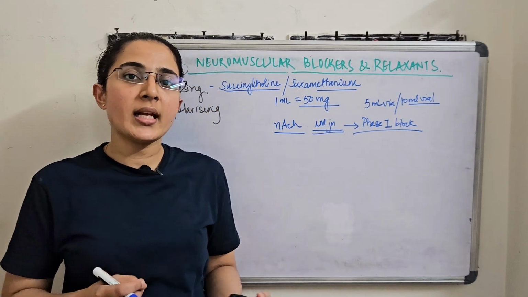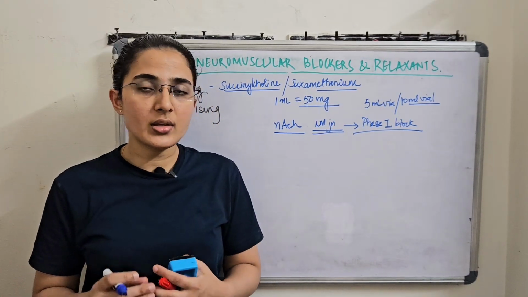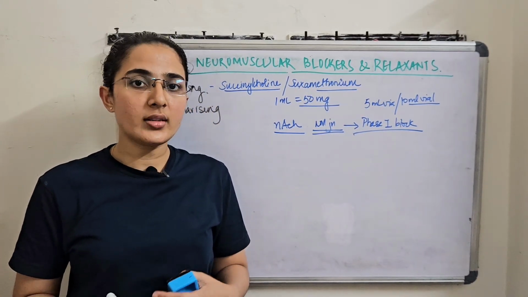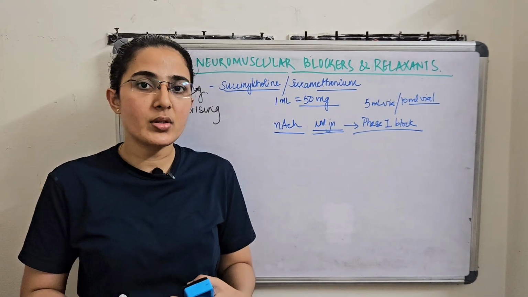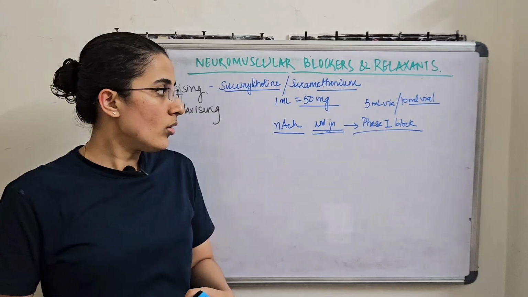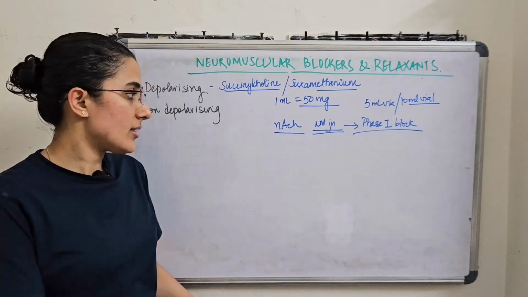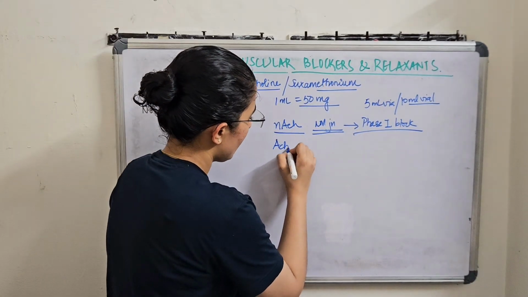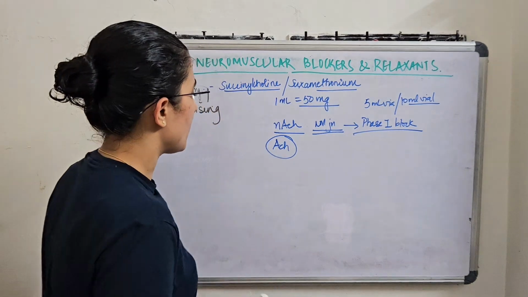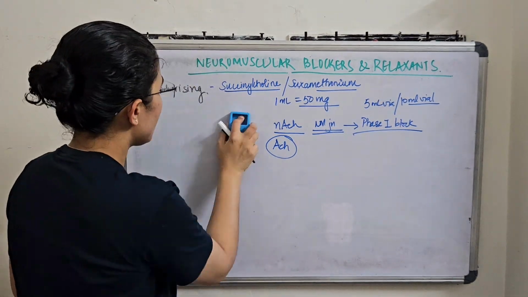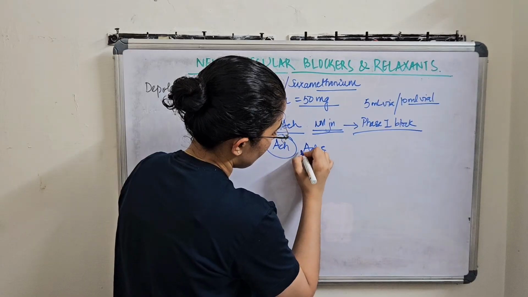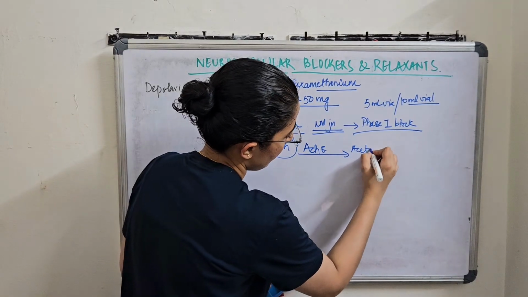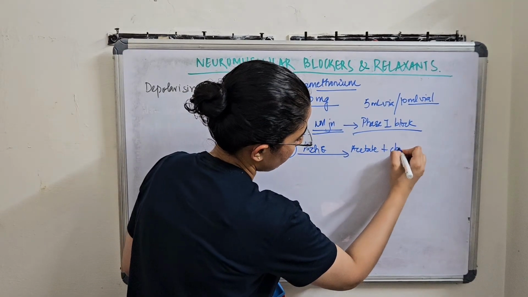I have explained this in the neuromuscular physiology video, you can look for that video and see in detail regarding the neuromuscular transmission and its physiology. As we all know, acetylcholine, the normal neurotransmitter, is degraded at the neuromuscular junction by acetylcholine esterase to acetate plus choline.